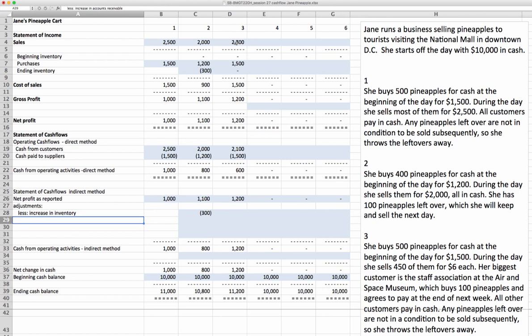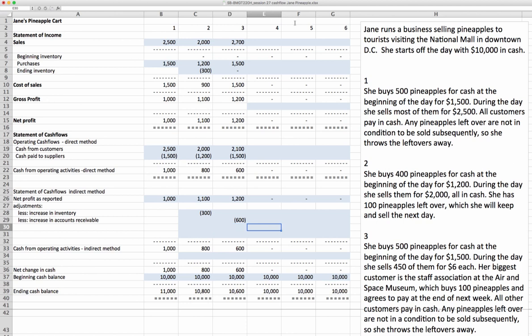We can see that at the beginning of the day there was 0 accounts receivable, but at the end of the day the accounts receivable had gone from 0 to 100 lots of $6, which is the amount of money that will be received from the staff association at the Air and Space Museum when they pay at the end of next week. And that should be negative. So when we subtract that increase in accounts receivable, that's why, yes, the net profit was $1,200, but it wasn't all received in cash. $600 is going to be received the following week.